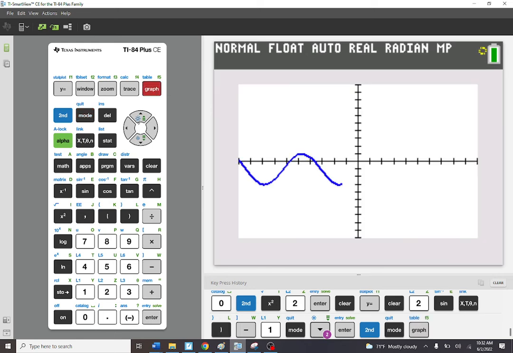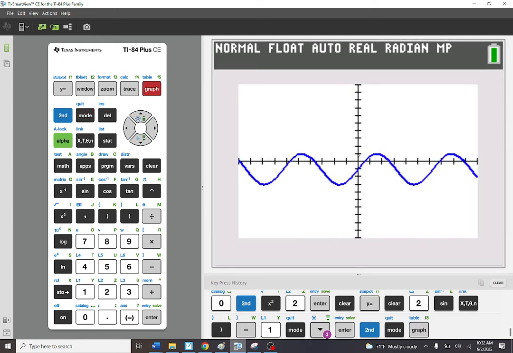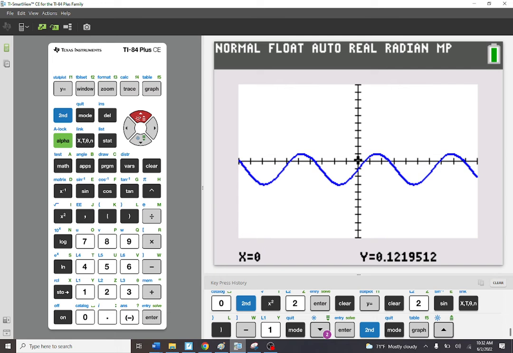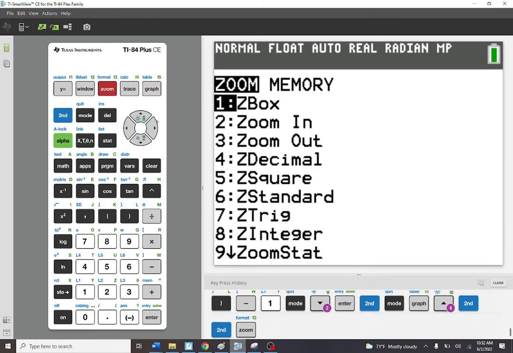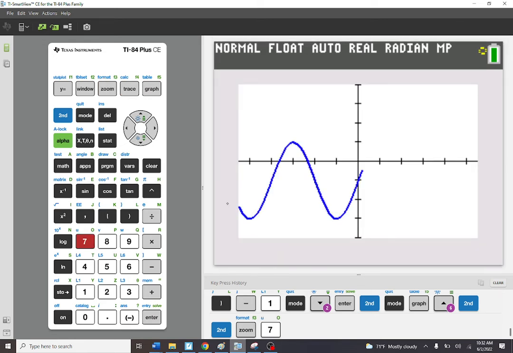And you're going to graph this. Now you're like, I don't know what the tick marks are, because sometimes they don't match up to 1 and 1. So what I could do is click zoom, and then zoom trig is option 7 here. Now when it zooms in, it's a little bit more clear.